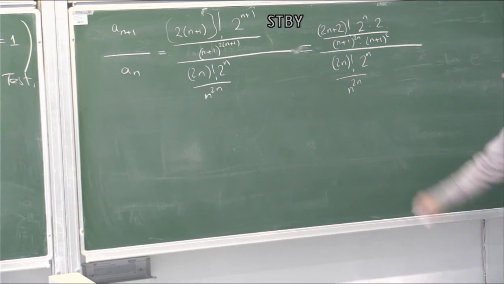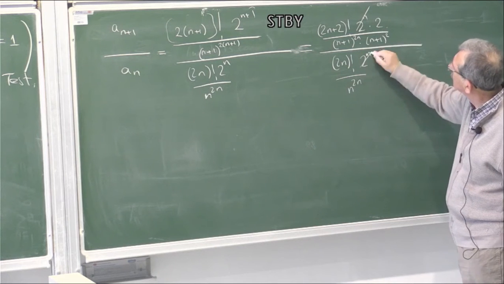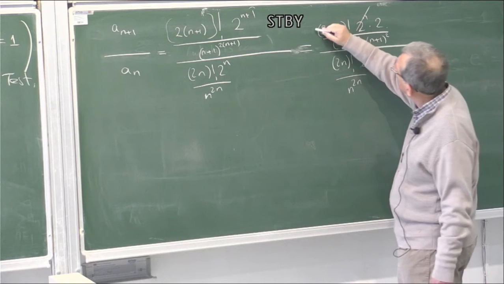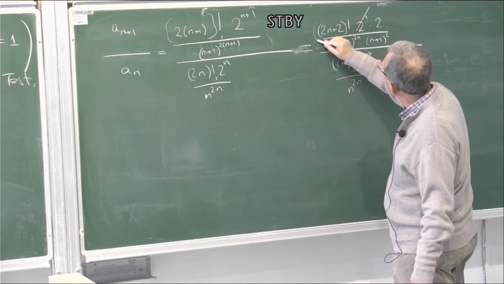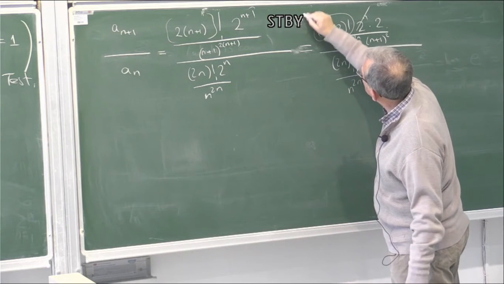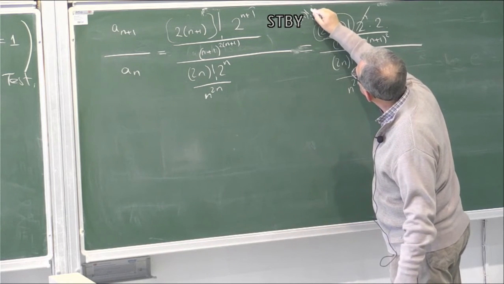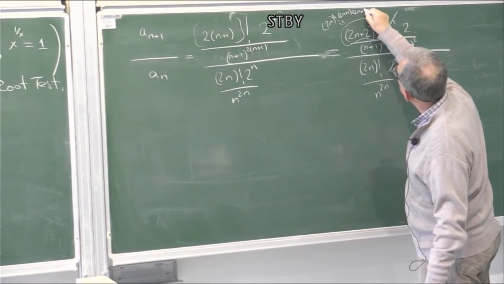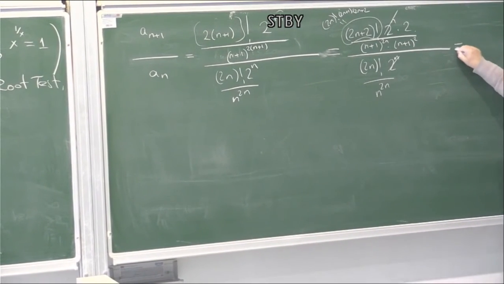Now, we see directly that these cancel out. And we observe that this term is (2n)! times (2n+1) times (2n+2). So they also cancel out.